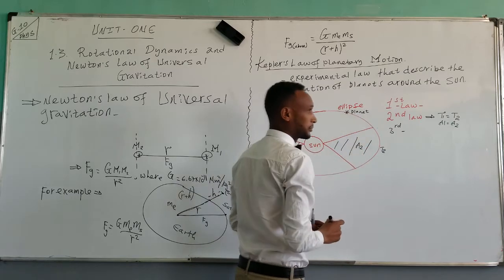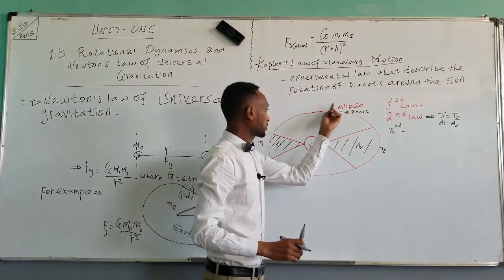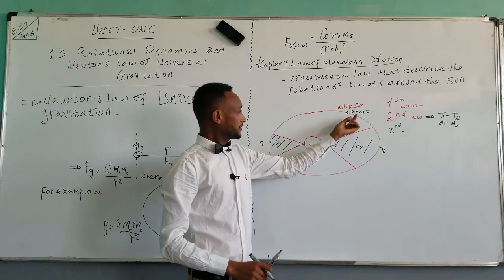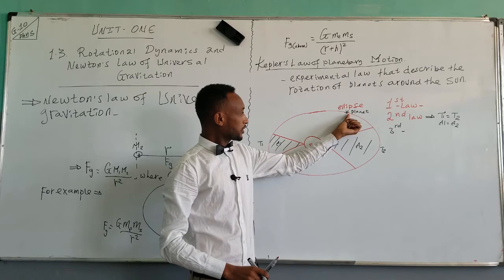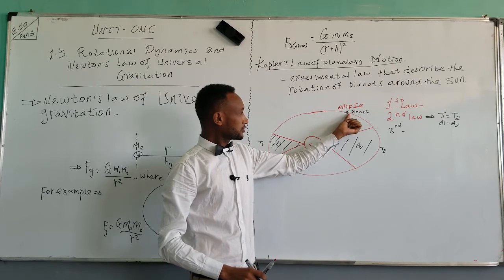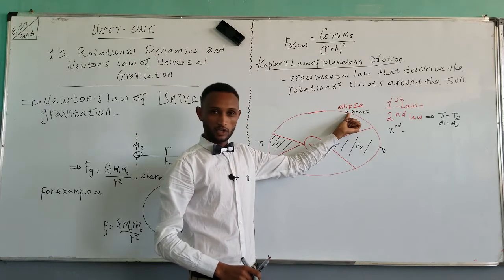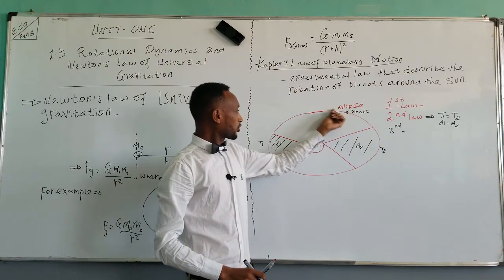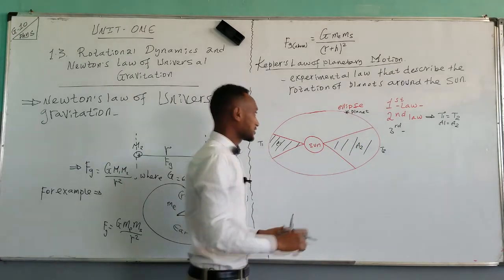This planet takes a duration, or a time, to orbit the sun. If the planet is at this point on the elliptical path, and the planet is the Earth, it orbits the sun in a period of time.